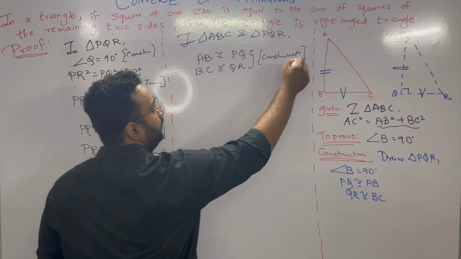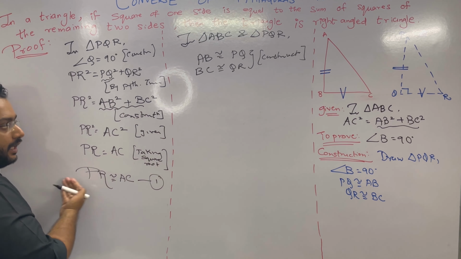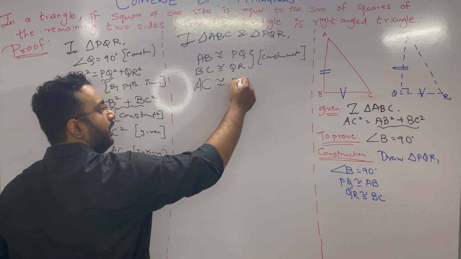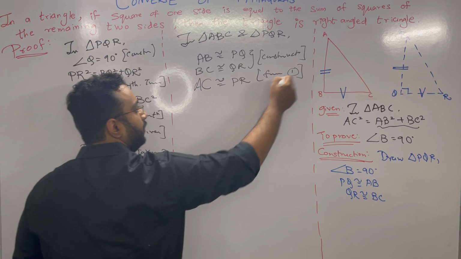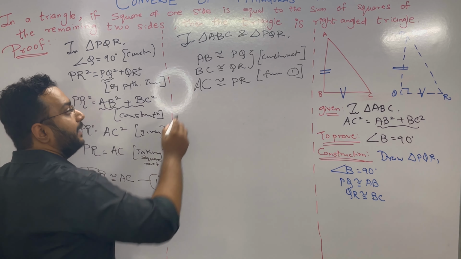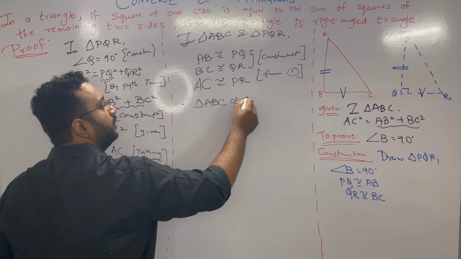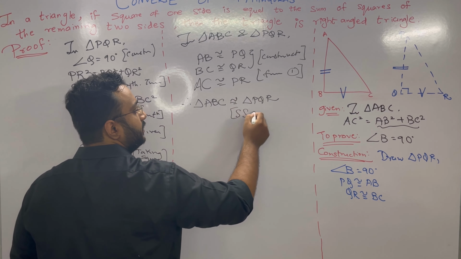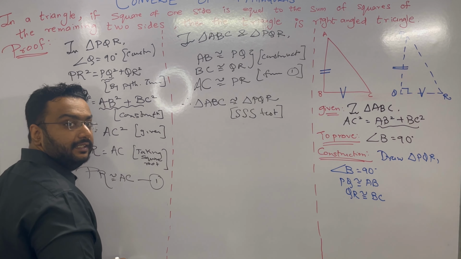Lastly, we just now proved PR is congruent to AC, so we can say AC is congruent to PR, and the reason for this will be equation number 1. Now all 3 sides are congruent, that means triangle ABC is congruent to triangle PQR, and the reason will be by SSS test of congruency. I hope everyone is clear till here.